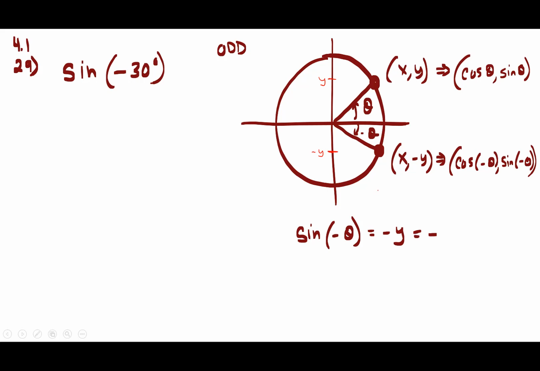So here is the trick: if that's the negative y value, that's the same thing as putting a negative in front of the positive y value. It allows us to jump from quadrant 4 into quadrant 1. So the positive y coordinate is really just sine of positive theta. This proves that sine is an odd function.